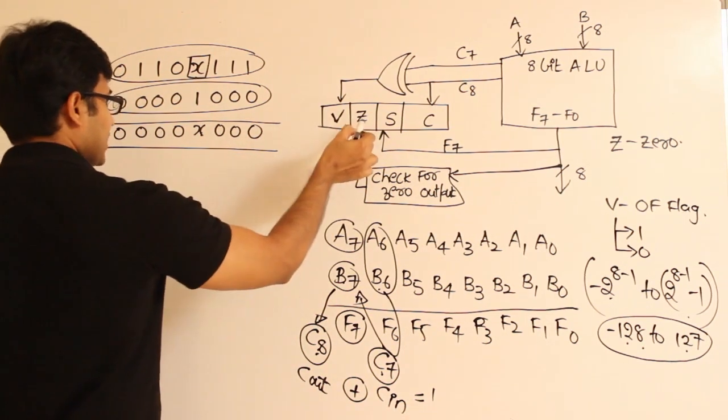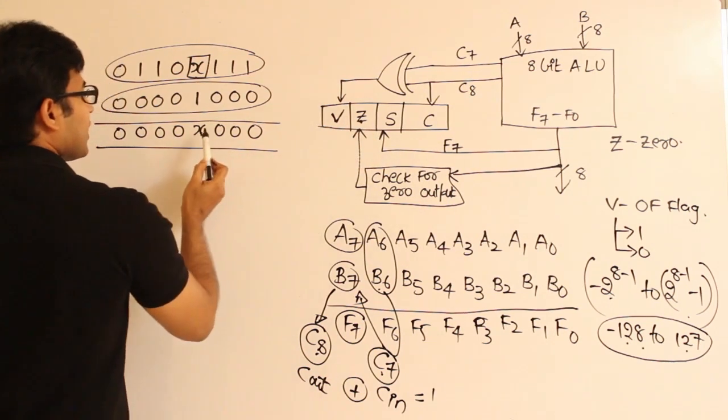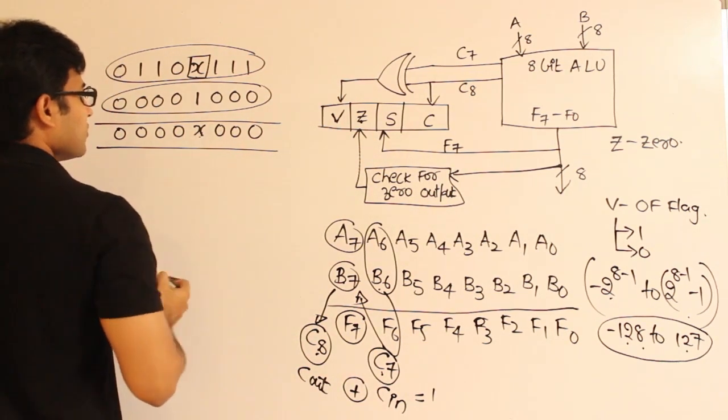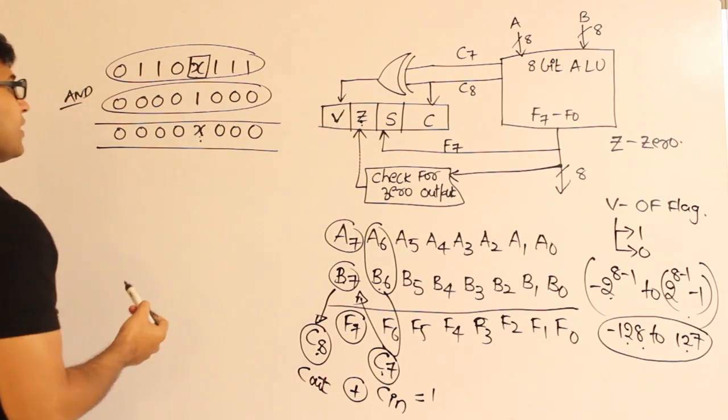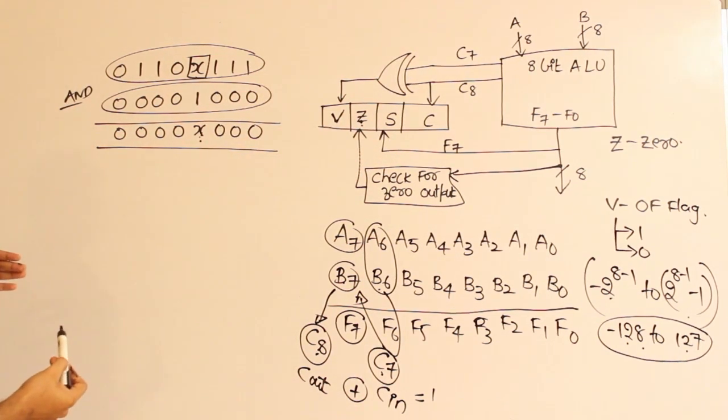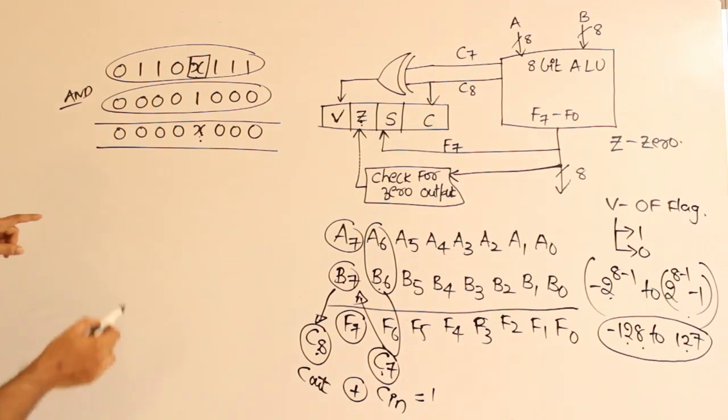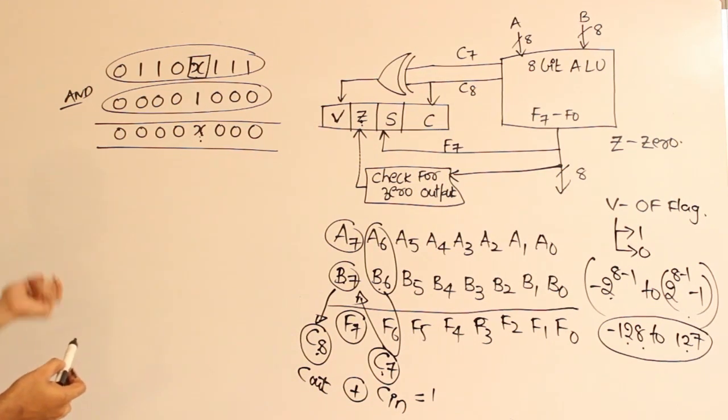So if Z equal to 1, it means that this bit is 0. If Z equal to 0, this means that this bit is 1. Therefore, you can use this zero flag not just to test the entire result, but also to test one simple bit.